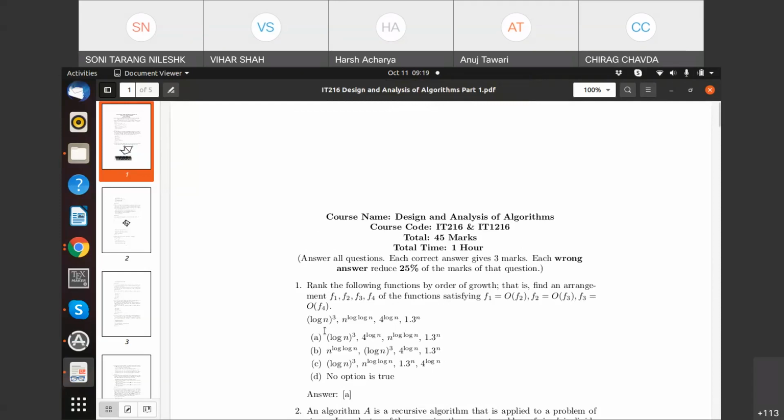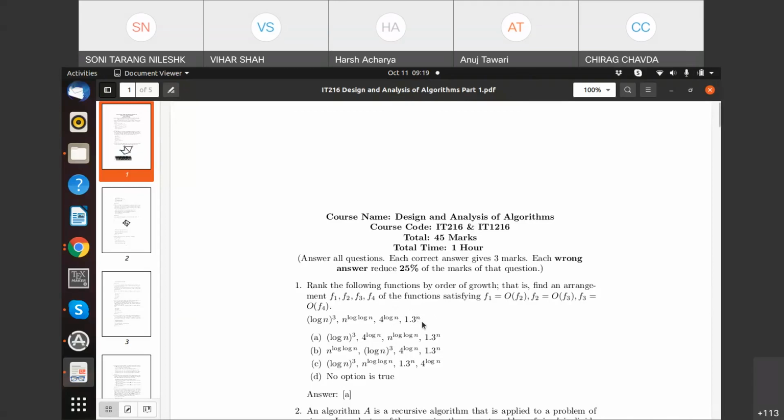So it's very clear that log n cube is the first one. Then comes 4 raised to log n. Whenever you have these powers, the best thing is to write them as 2 raised to the power of something. Or here it is 1.3 raised to n.